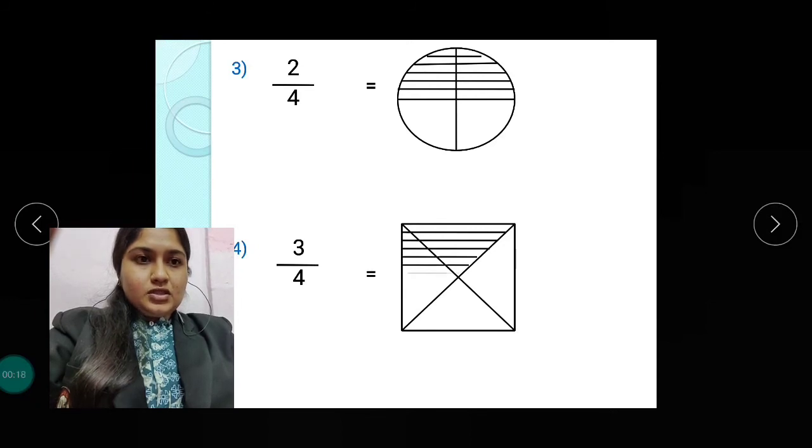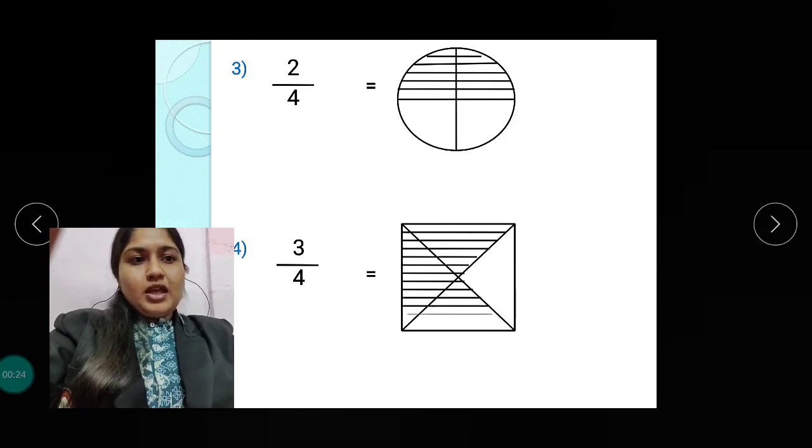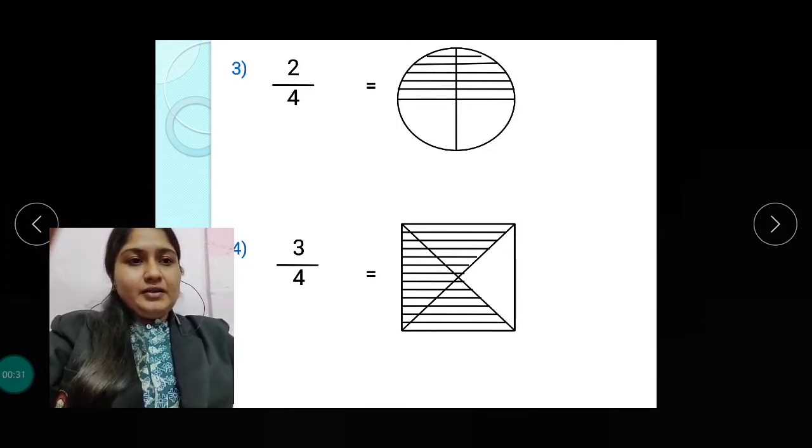See, as you can see, my dear students, how I have shaded, right? So this way, with the help of a scale, you can shade in this way. It looks very decent, right?